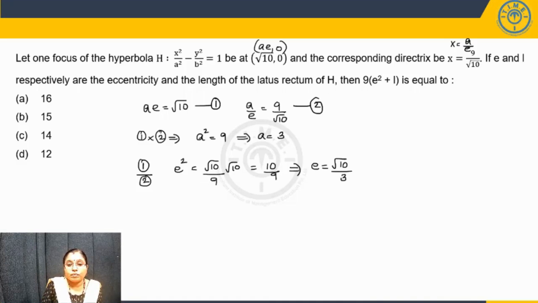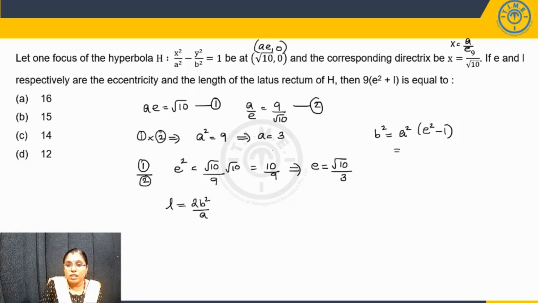Now, we are asked to find out what is 9 into e² plus L. Now, L is the length of the latus rectum. So L is 2b² by a. So we have to find out b² also. b² is equal to a² into, since it's a hyperbola, e² minus 1.